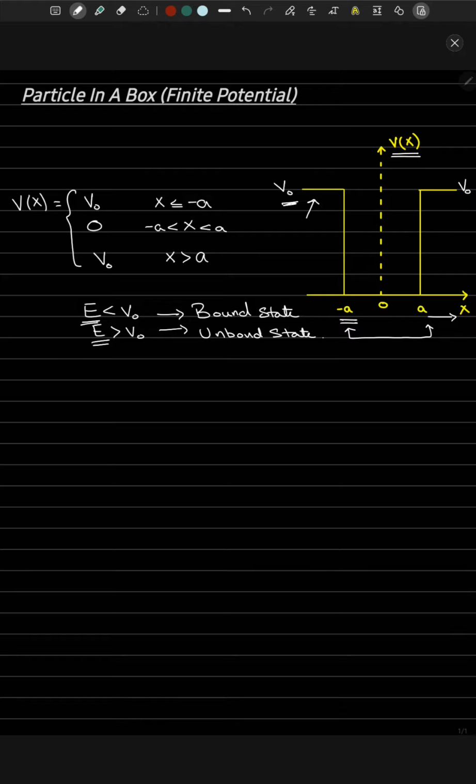So now, having this potential energy piecewise function, one can write down the energy eigenvalue equation, which is the Schrodinger equation, generally written as H on psi is equal to E psi. This is the eigenvalue equation, also known as the Schrodinger's wave equation.